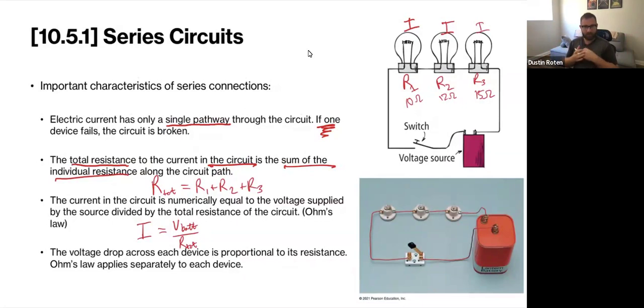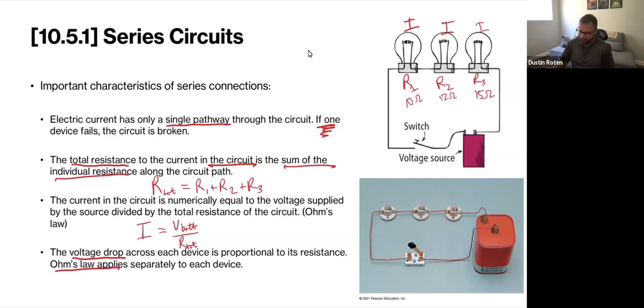So the voltage across, or the voltage drop across each device, that means we're going to lose a little bit of the voltage over each device, is actually proportional to resistance. So Ohm's law applies here as well.